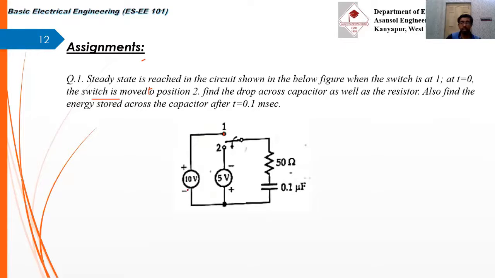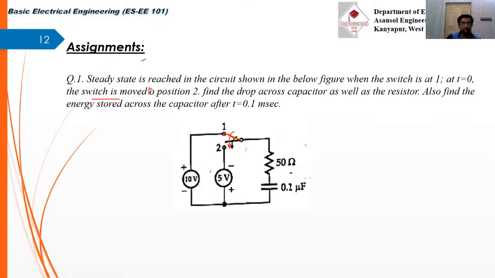So what is happening here: when it is connected at 1, it reaches the steady state value, meaning the capacitor is fully charged, and then it is moved to the second point, point number 2.